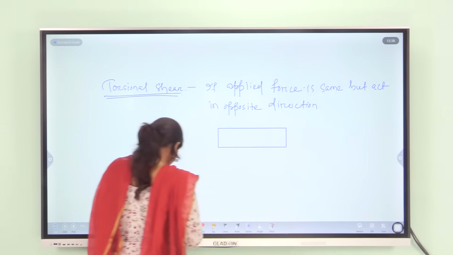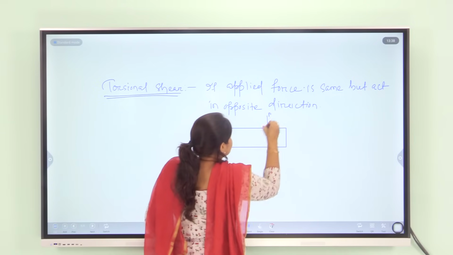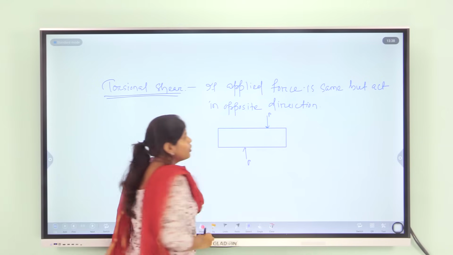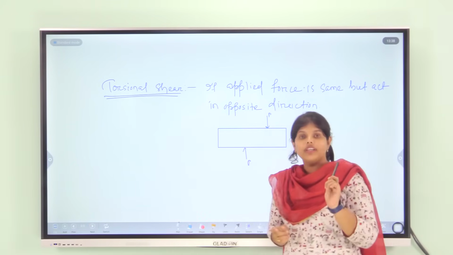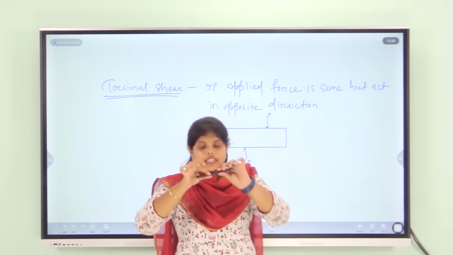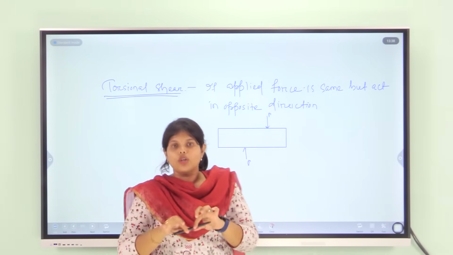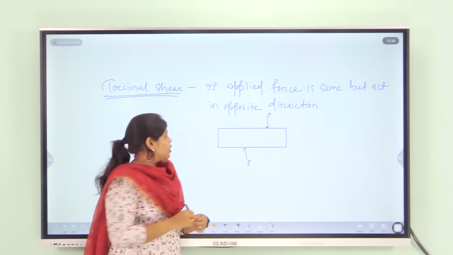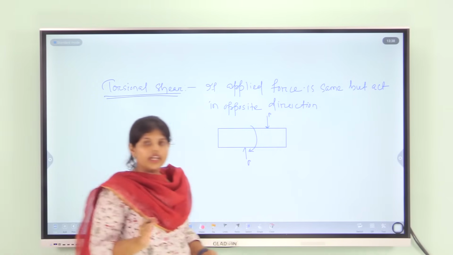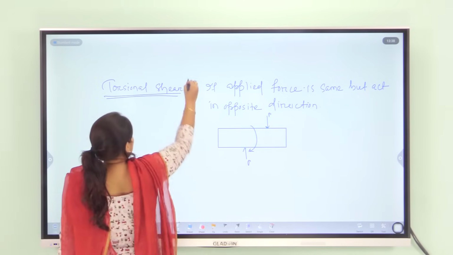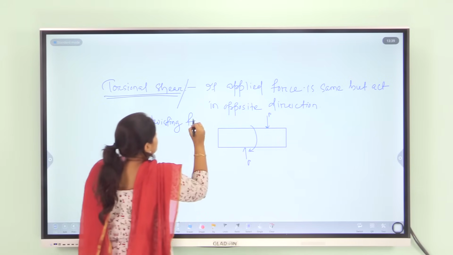Here, if the force is applied from here and from here, what will happen? We all know one word: twist. What is twist? If applied force is from different directions, twisting of the material will occur. This point will twist or turn. So, torsional shear is also called a twisting force.